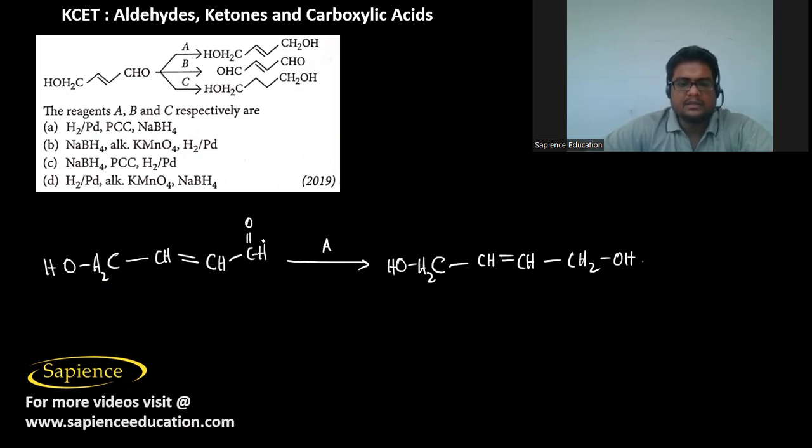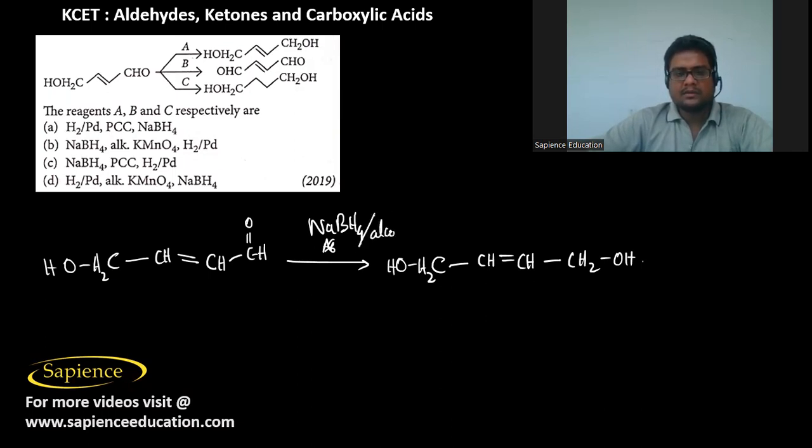Simply, it means that it will reduce this aldehyde into an alcohol. So the reagent that should be used will be NaBH4 in the presence of an alcohol and an acid. So it is the reagent A.